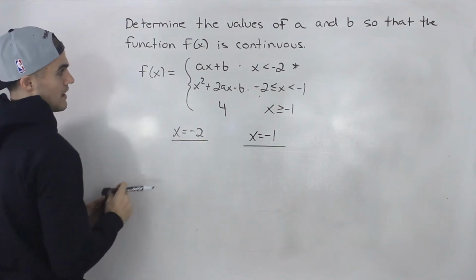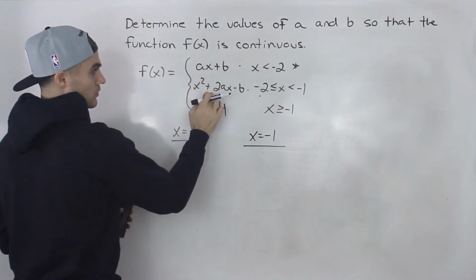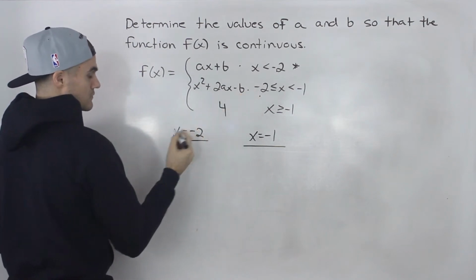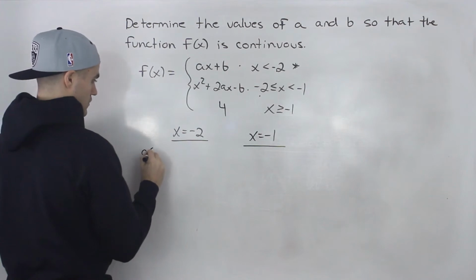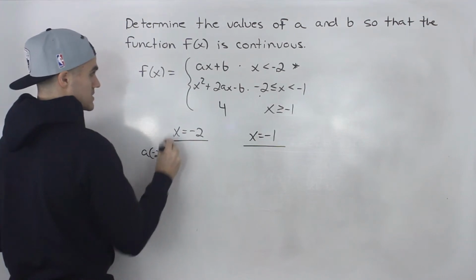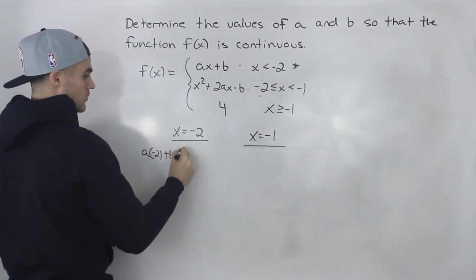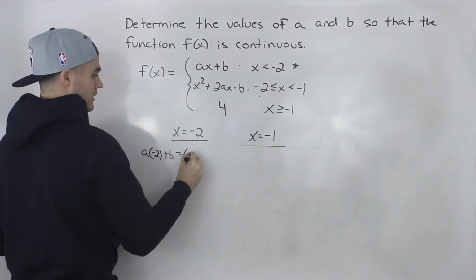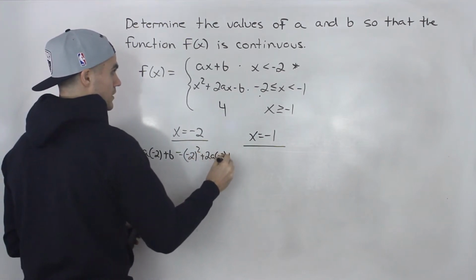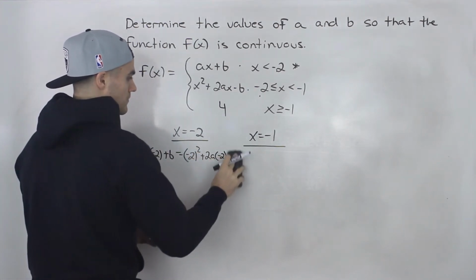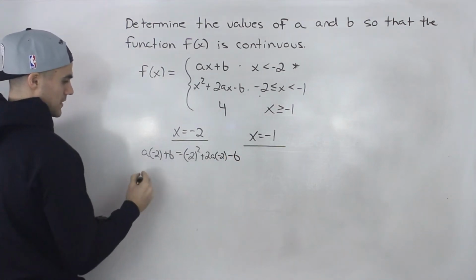So that means that we can make this and this equal when x is -2. So we could just plug in -2 for x in this piece, so a times -2 plus b, and that has to equal -2 squared plus 2a times -2 minus b. Right, and then we can just make an equation for this.